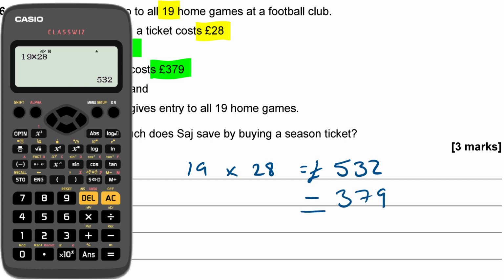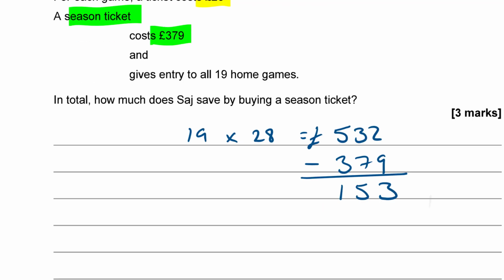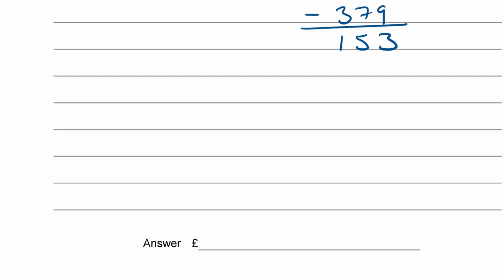So if we're going to subtract that from our total, what are we going to get now? So 532 subtract 379. That has got a difference of 153. So in total, how much does Saj save by buying a season ticket? He saves £153.